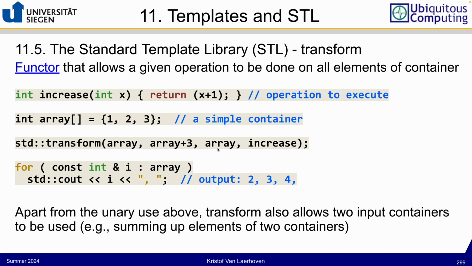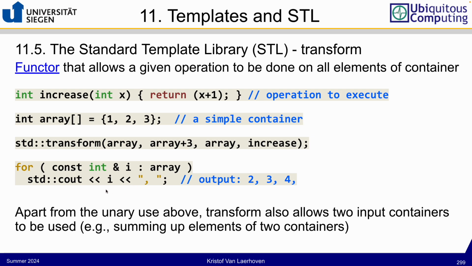I'm using the same array to transform into, so I'm going to override exactly this array. Then I can use this function on exactly the elements of the array. So this is the way to say increase every element of our array up until the end of our array, if this array is 3 elements long.